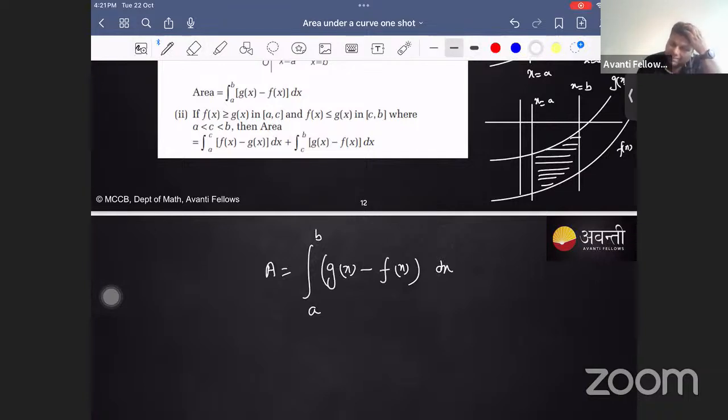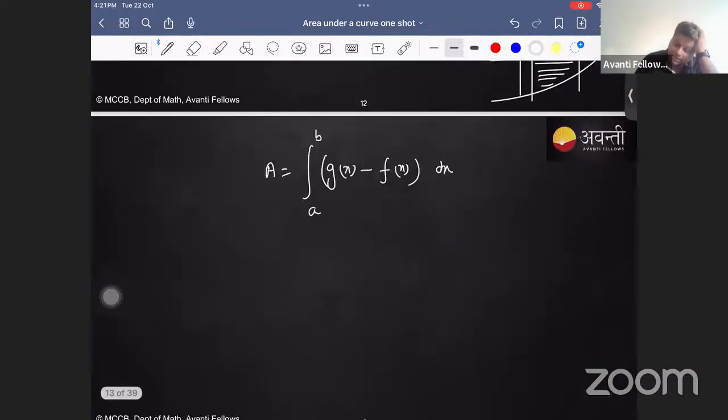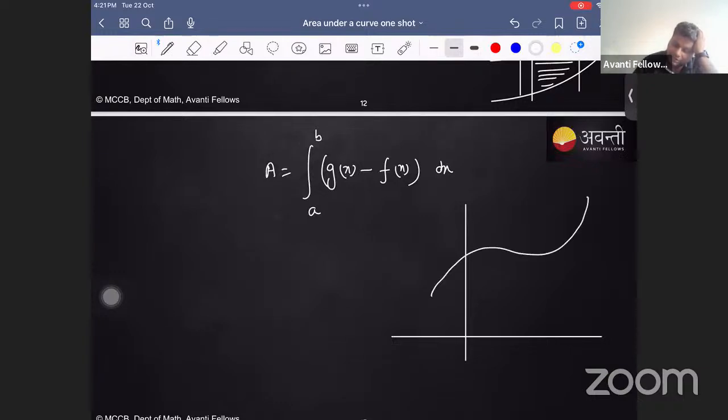Gx minus fx dx. But sometimes if the case is like this, this is your gx and this is your fx. And you are trying to figure out the area bounded by these two curves from x equals to a to x equals to b.